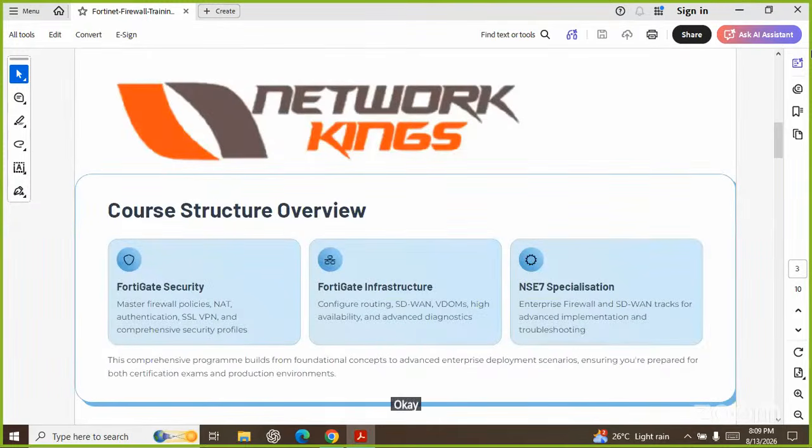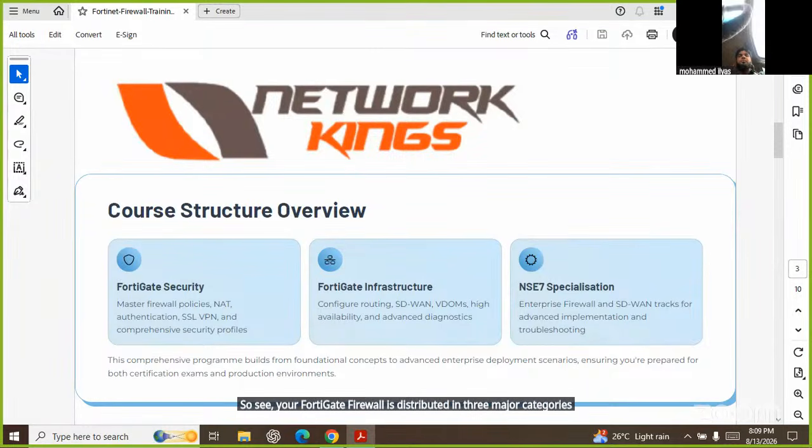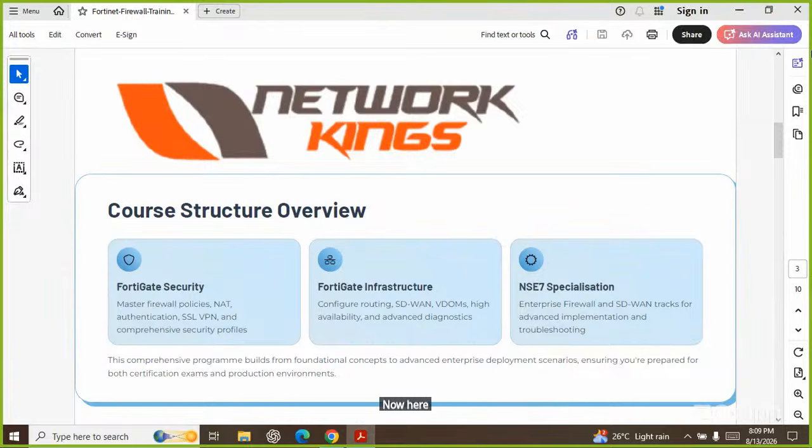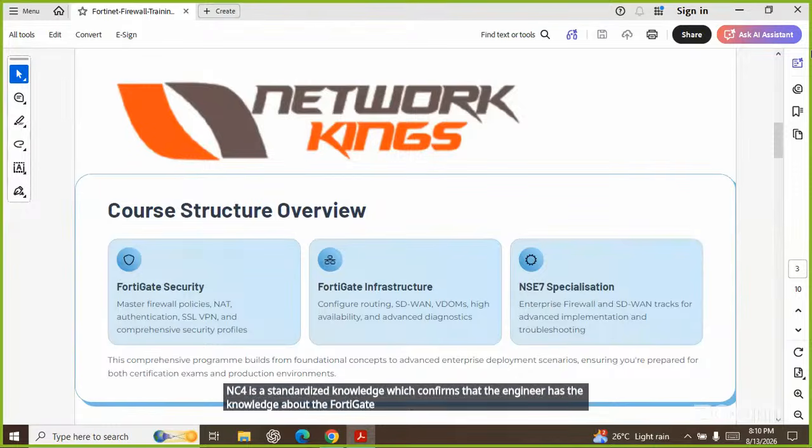Okay. So see, your FortiGate firewall is distributed in three major categories. Now here, keep in mind, this course is designed to club two levels of knowledge, that is NSE 4 and NSE 7. NSE 4 is a standardized knowledge which confirms that the engineer has the knowledge about the FortiGate firewall and he knows how to manage and configure their device.